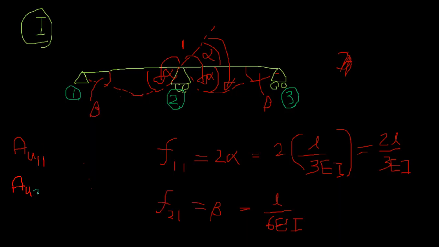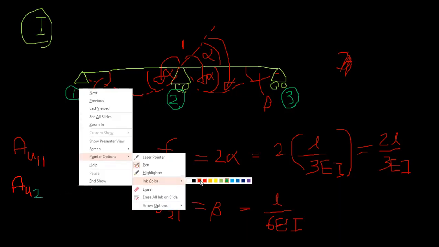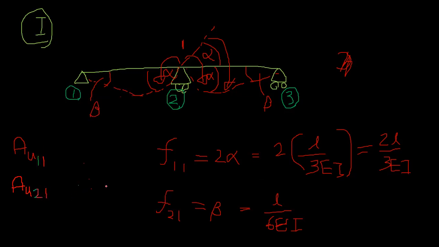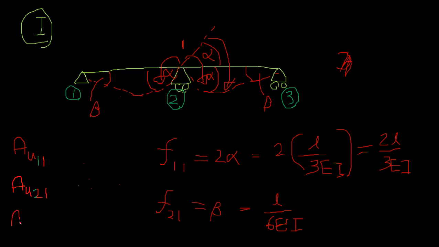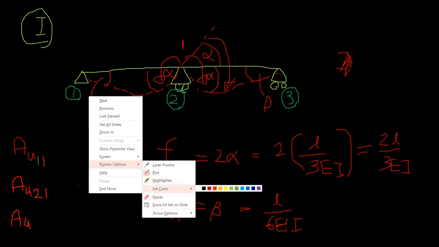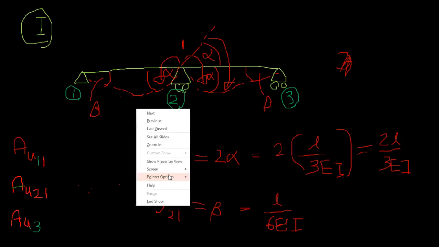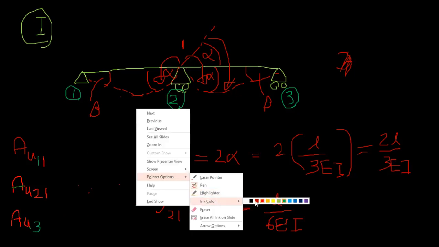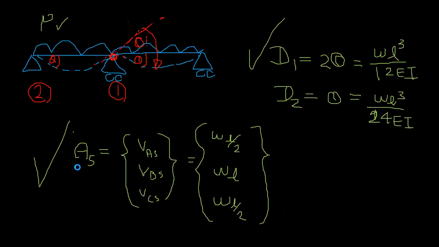Unit action at 2 due to the redundant force, still redundant force here at 1, right? So the action at third action coordinate due to the redundant at first, right?